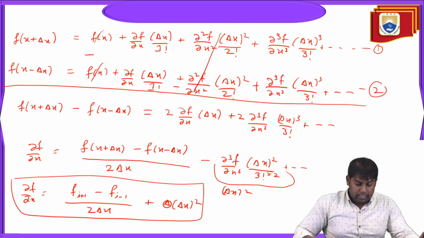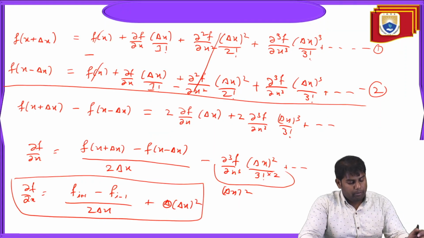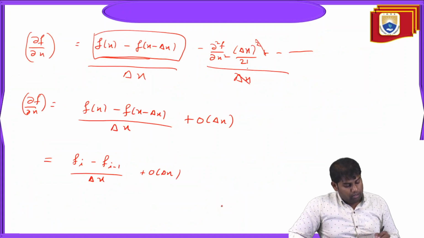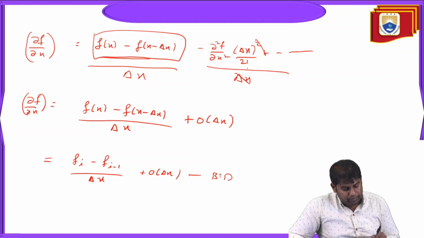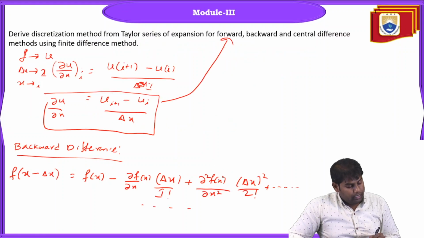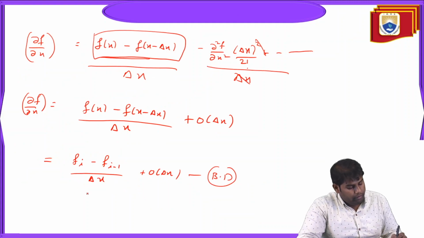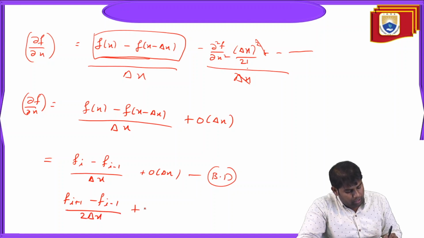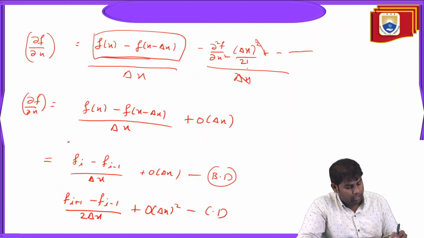Okay, so let's compare what happens. We have this one as central difference CD, this one as backward difference BD, and this one as forward difference FD. So f of i plus 1 minus f of i minus 1 divided by 2 delta x plus order of accuracy of delta x squared: this is for central difference.